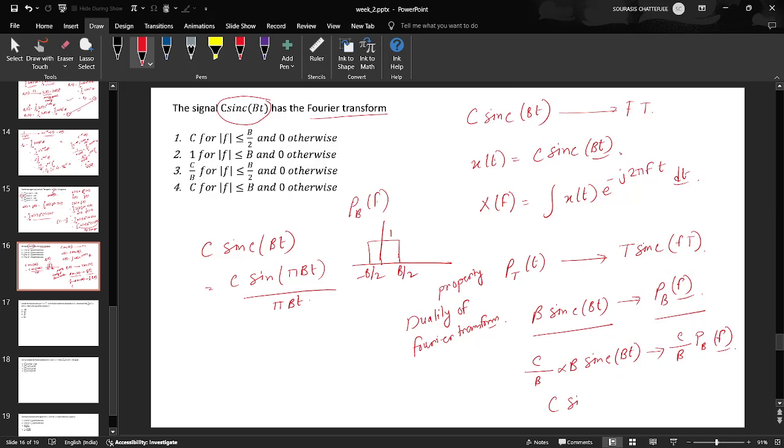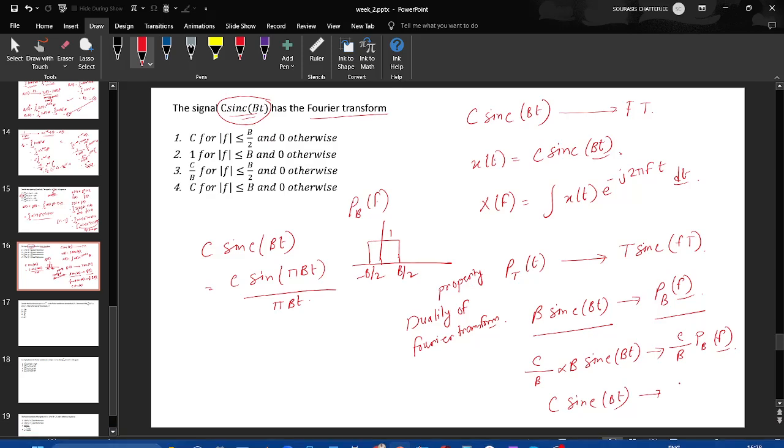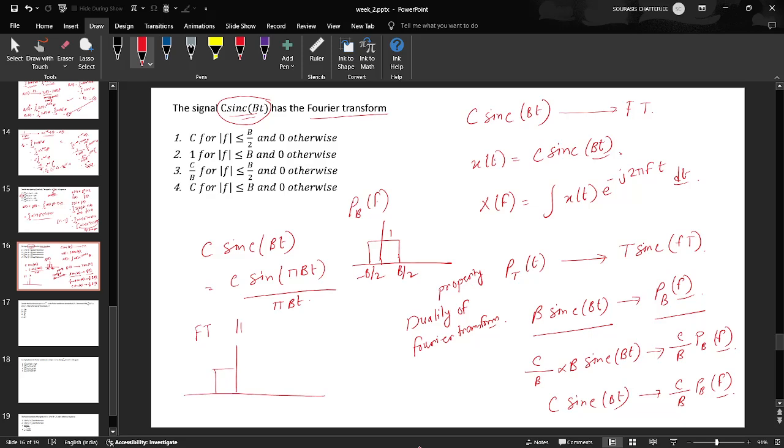So here we will have c sinc bt, that is our signal in consideration, and here we will have the Fourier transform c over b times a frequency domain pulse of bandwidth b. So you can see for this one Fourier transform representation we have a frequency domain pulse of bandwidth b, but the amplitude is given by c over b.